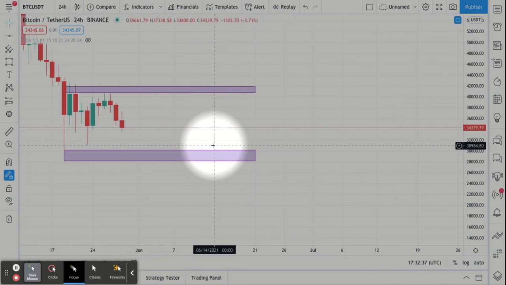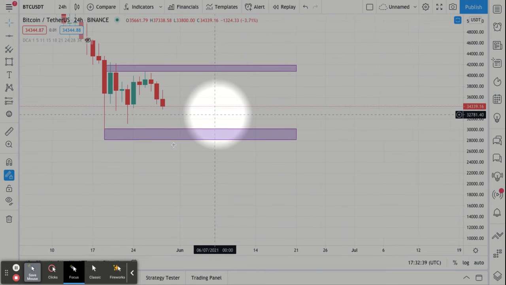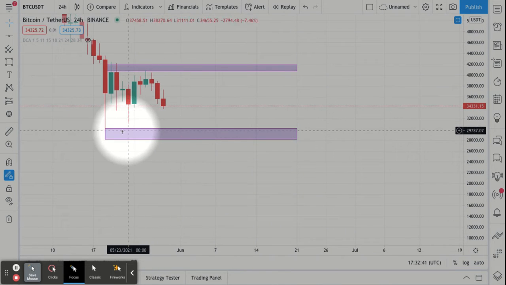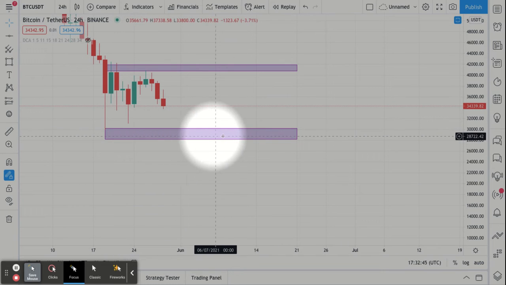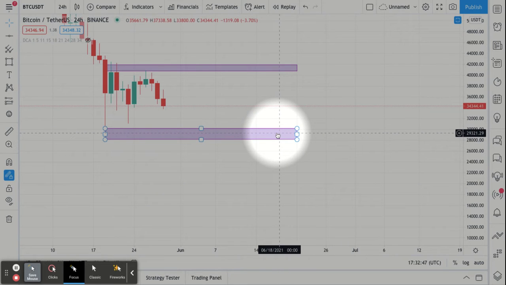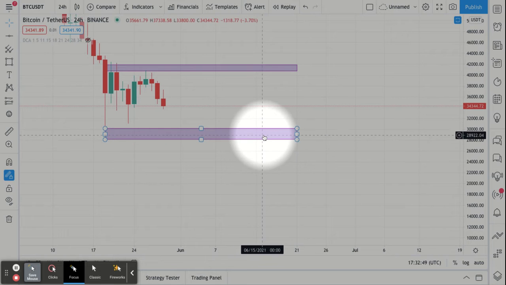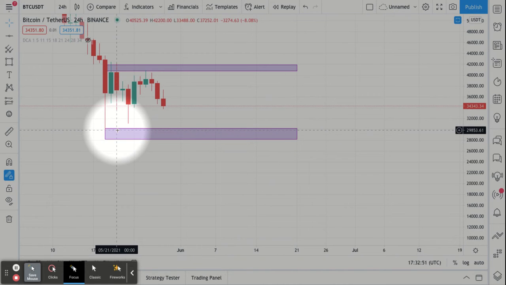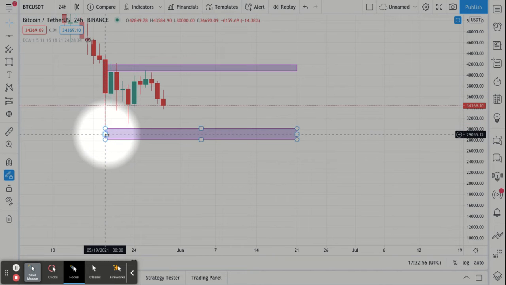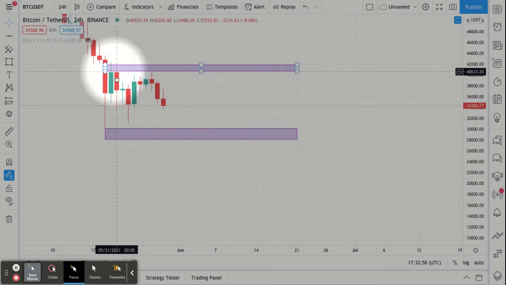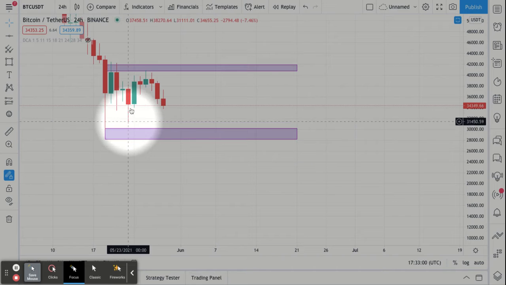So the boxes are telling me that this is an area that more than likely will get retested. Now I say that and I really honestly have no idea, but I'm saying that because if you look at this one, it has hit, it went back up. Okay, this one's starting to hit and go back up.